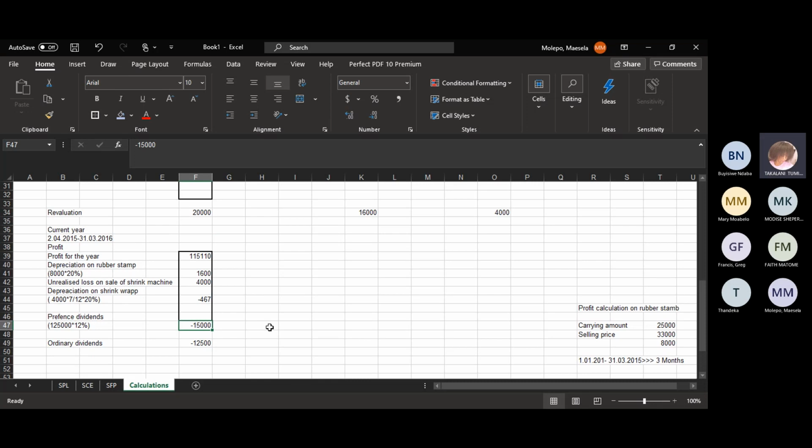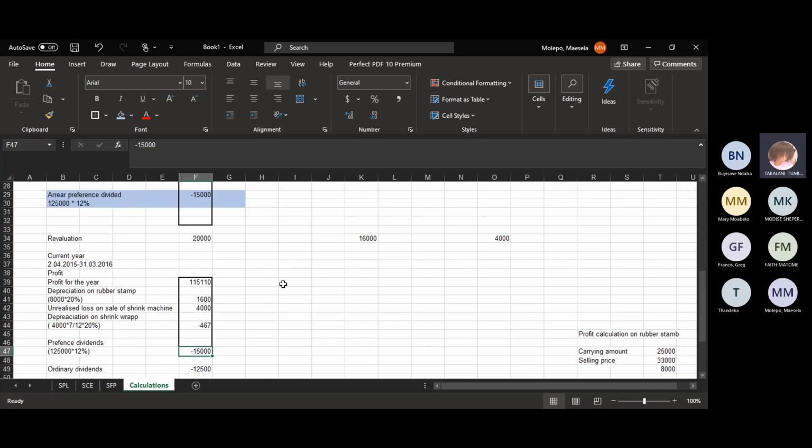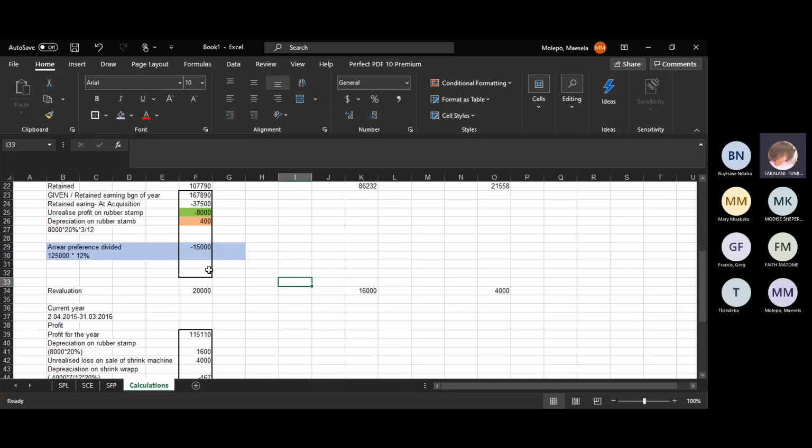Can I just confirm something while another one is doing the figures? No problem. The 15,000 of the prior year and the current one, we're going to have them regardless of whether SIA purchased the ordinary shares or the preference shares as well? I don't follow you.